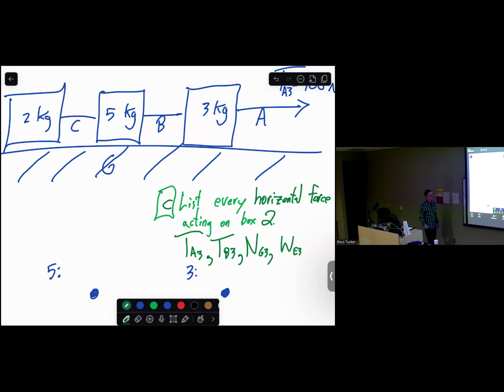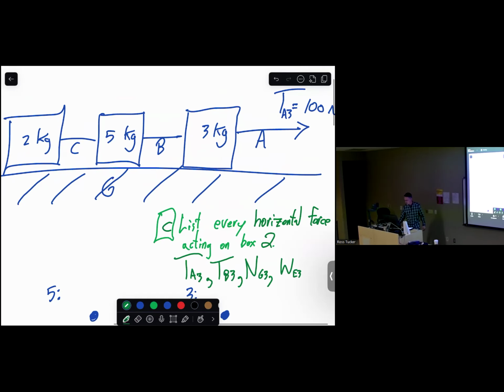Okay, let's keep it simple. Can you tell me every horizontal force in triplet notation acting on box 2? Box 2 is the box with mass 2 kilograms. It's not the second box in a row.